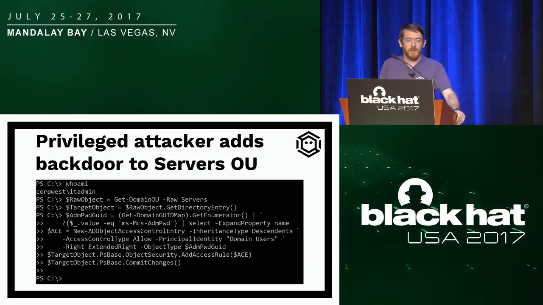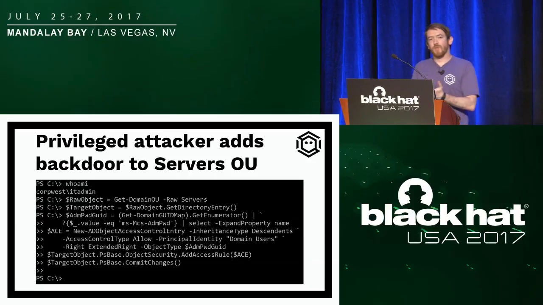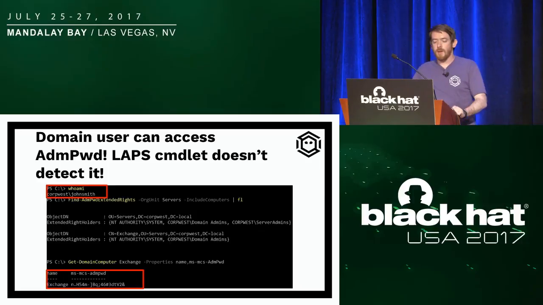Now we add a malicious ACE entry. And again, it's a lot of text. We explain it step by step in the white paper. We're going to add a specifically crafted ACE that exploits the inheritance flaw. We're going to add this to the OU, so this is going to propagate down. And now a domain user at the bottom there, that same guy, John Smith, can read the local LAPS password for any computer in that OU.